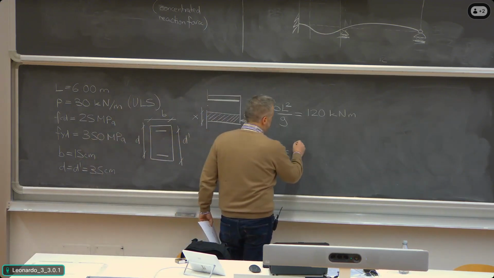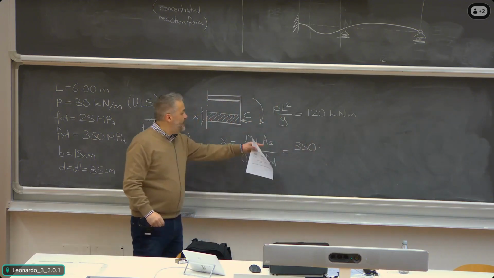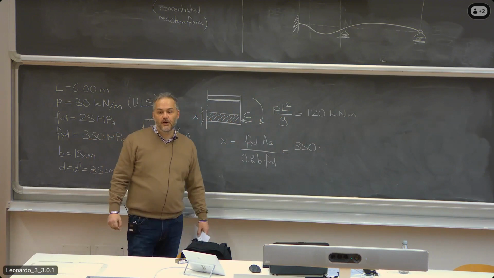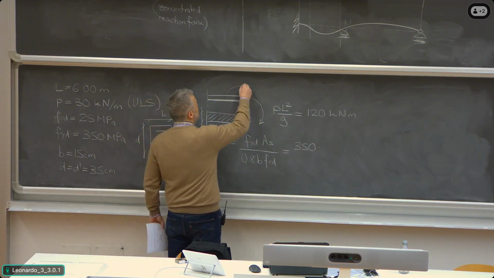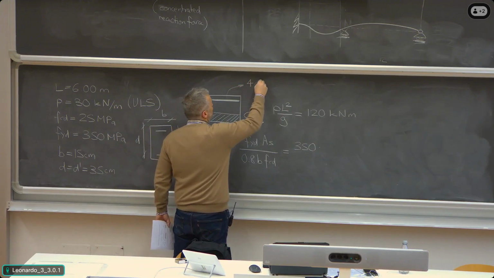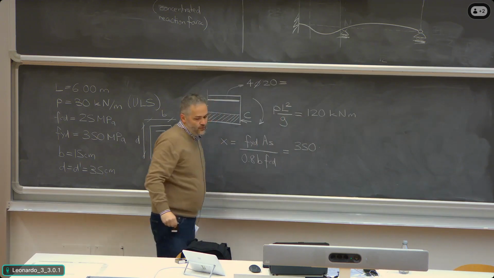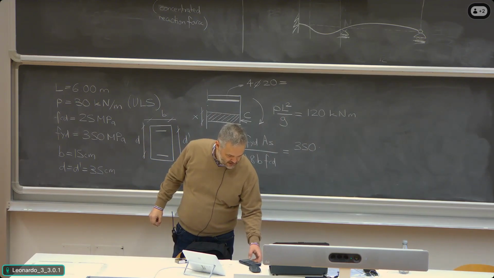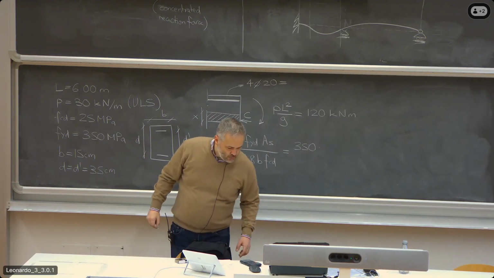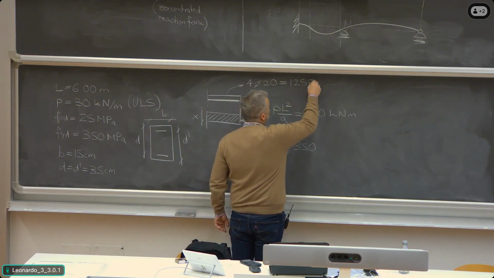yield strength is 350. AS is the area of 4 phi 20. So we know this reinforcement here is 4 phi 20. The value of the area of 4 phi 20 is simply pi times 1257 more or less square millimeters.